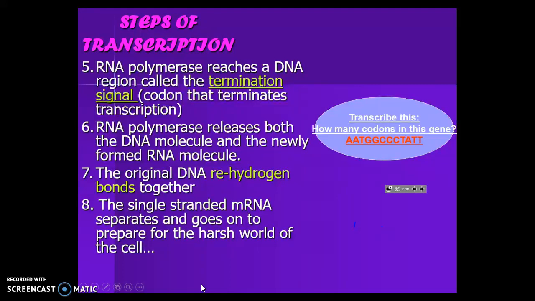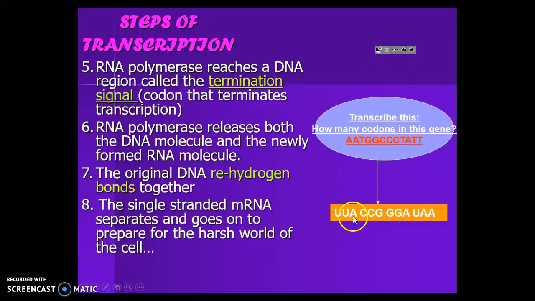So now that you've had a moment to transcribe that DNA strand, the result of your transcription should be UUACCG. So what you've just made is an mRNA molecule in the process referred to as transcription.